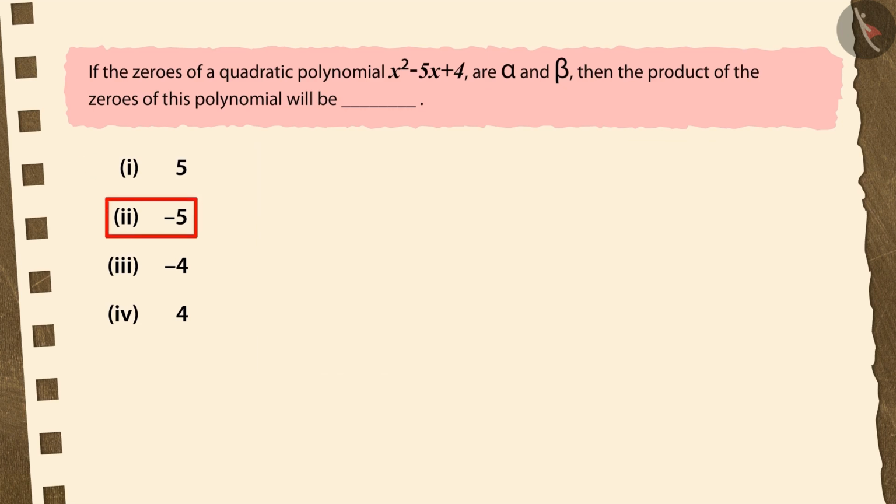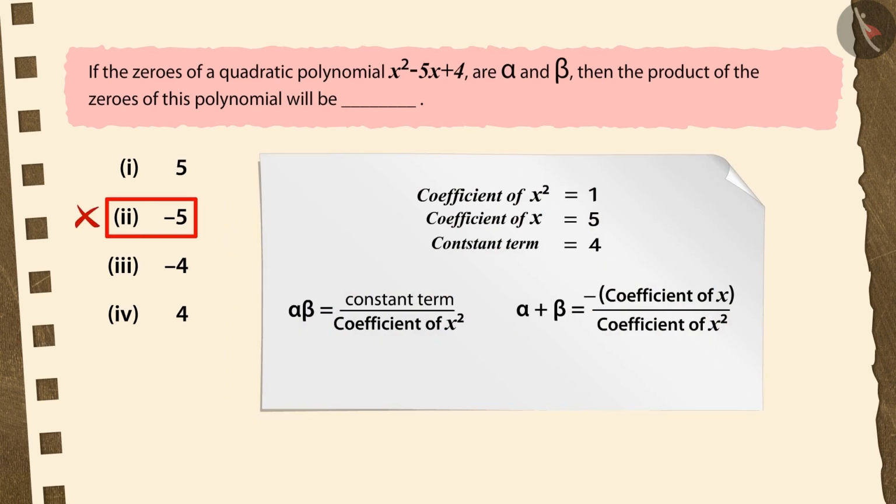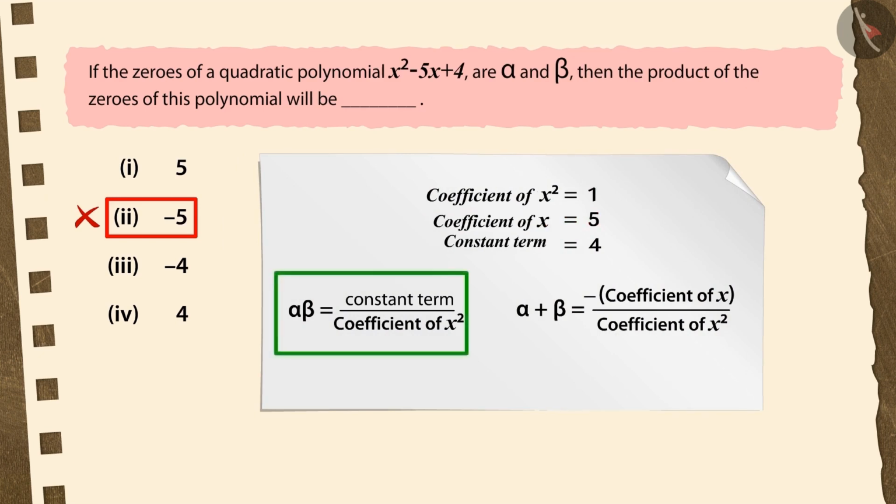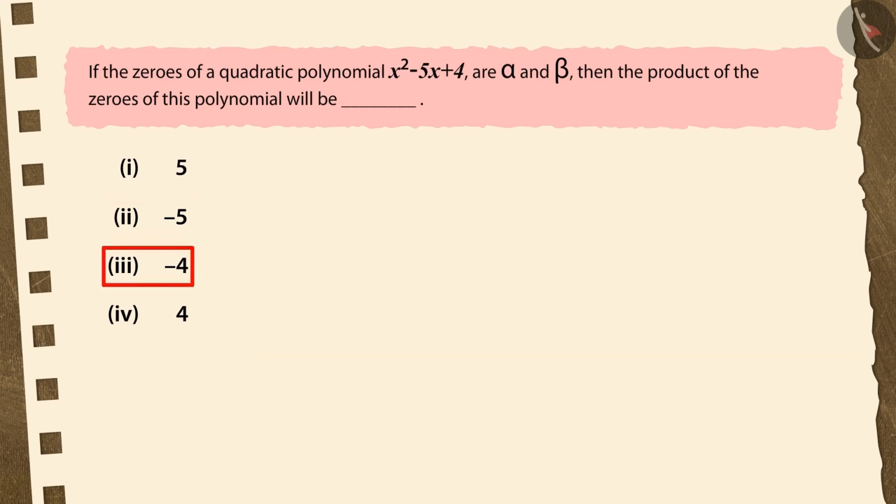If you have selected the second option, then your selection is incorrect. There are two reasons. First, while writing the coefficient of x, you forgot to prefix it with a negative sign. Second, instead of using the formula for product of zeros here, you have used the formula to find their sum. If you have selected the third option, then too your selection is not correct.